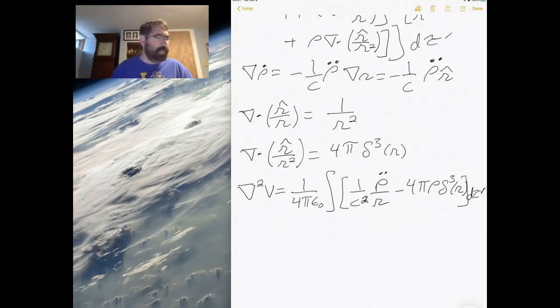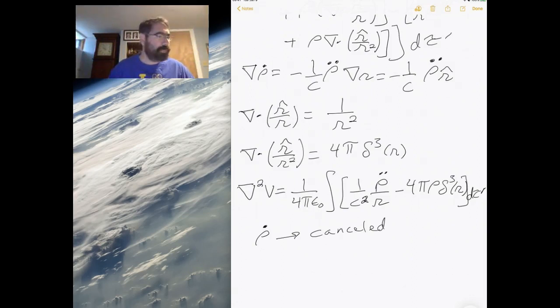And how did I get that? What happened to all the terms with one dot on them? They essentially cancel each other. Anything with a rho dot canceled, so they fell out of the problem.